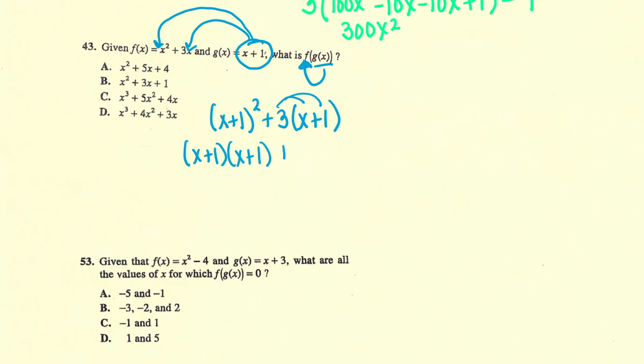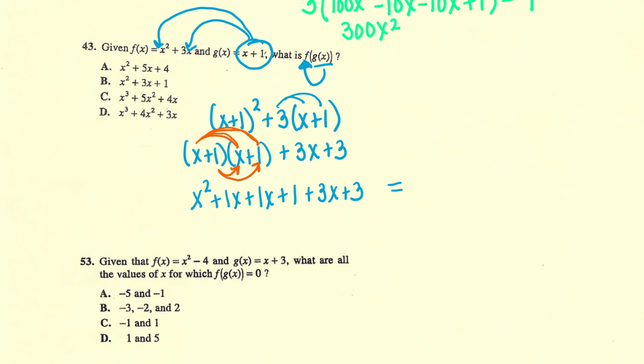I might as well go ahead and distribute that. 3x plus 3. All right, right here we know that we're going to distribute. Some teachers call that FOIL, but x goes to everybody. Then the 1 says, okay, my turn. Now I'm going to distribute to everybody. And so I will have x times x, which is x squared. x times 1, which is 1x. 1 times x, which is 1x. 1 times 1 is 1. And then, of course, bring these terms down.